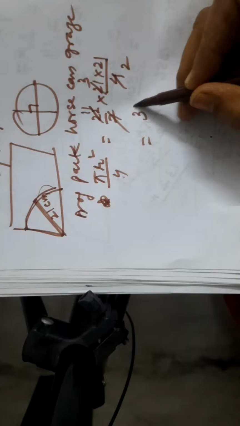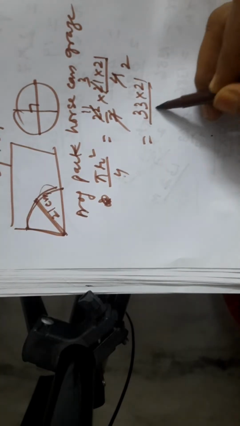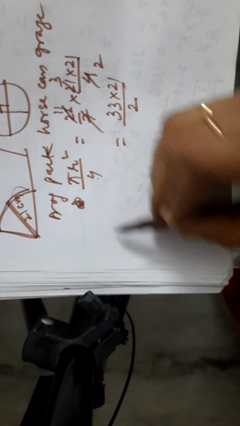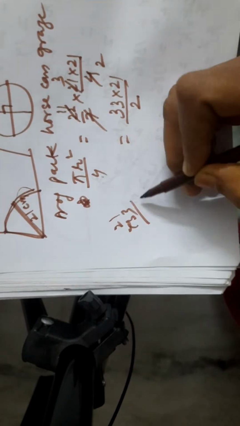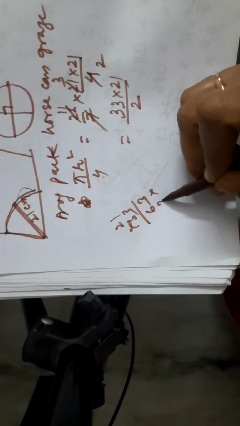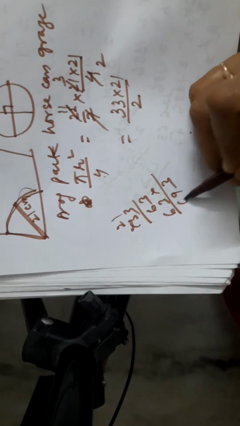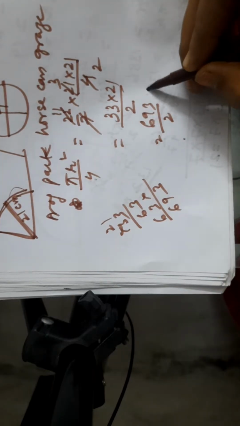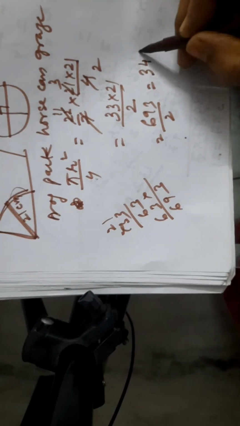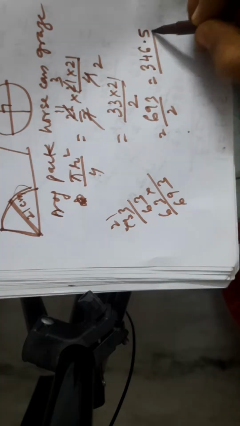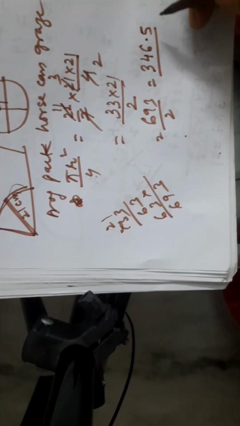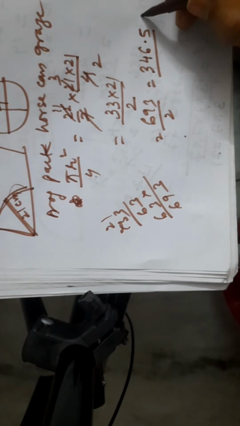So finally it is 33 multiplied by 21 whole divided by 2. Now complete the calculation. 693 divided by 2. So final answer is 346.5 meters square. It can graze 346.5 meters square.